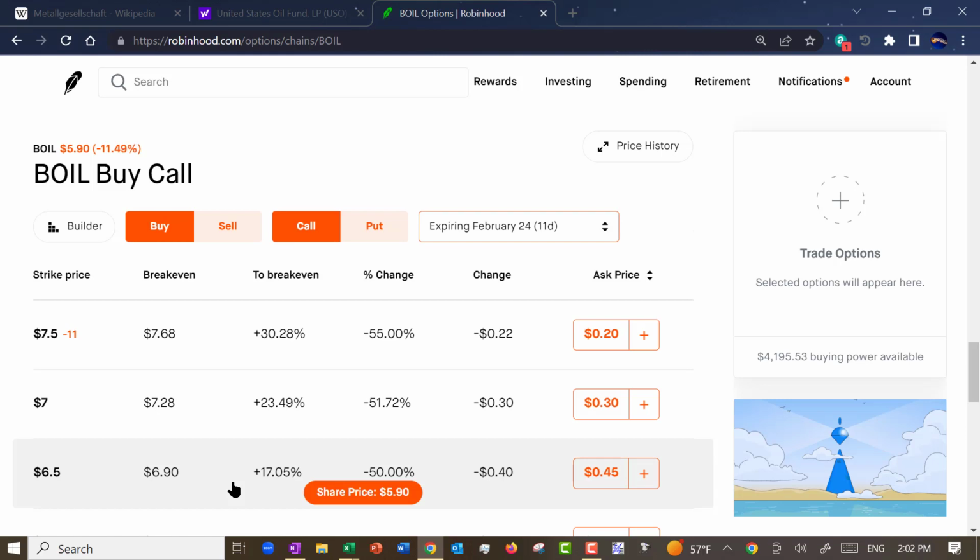The way I kind of look at these is I ask myself, what is the probability that I want this option to finish in the money, okay? Roughly speaking.